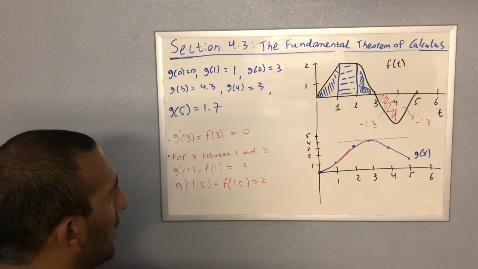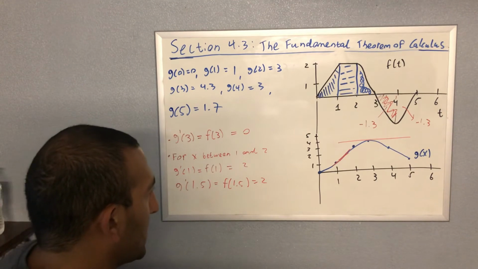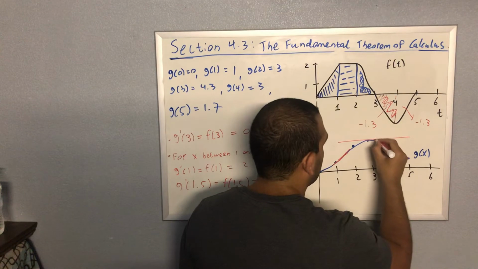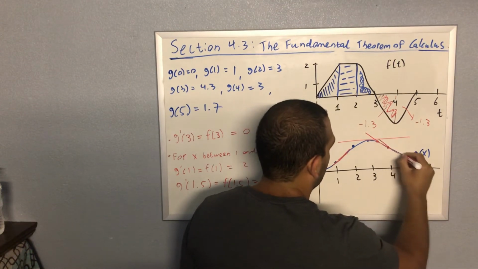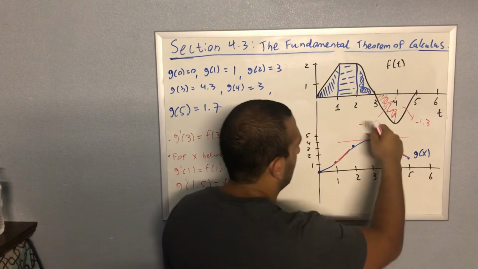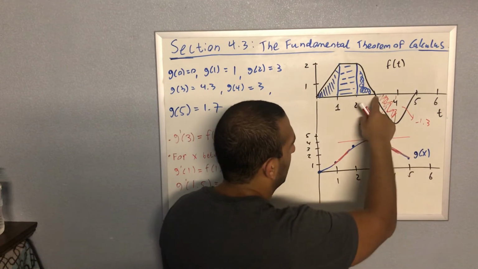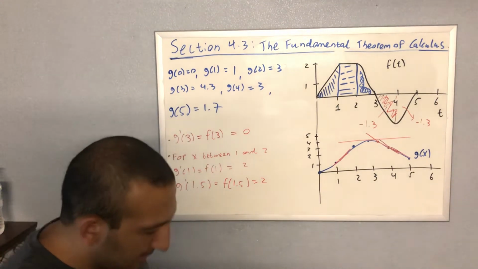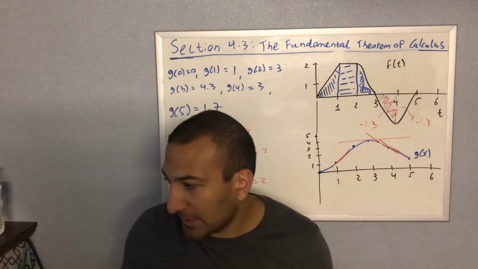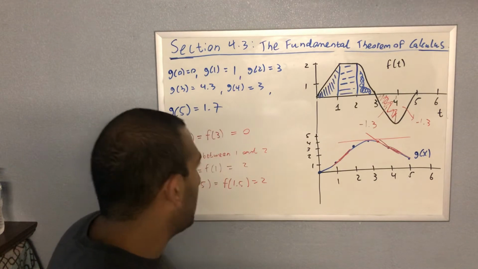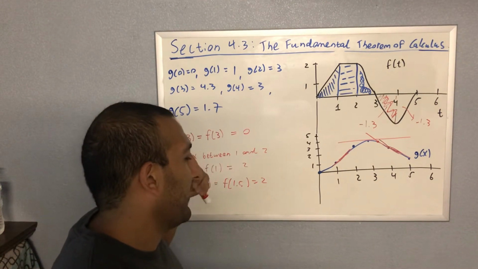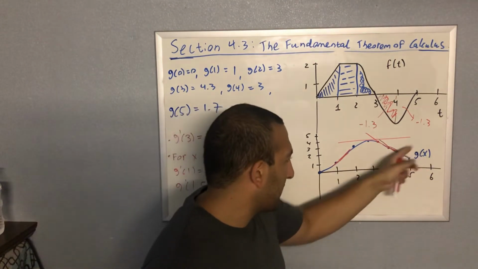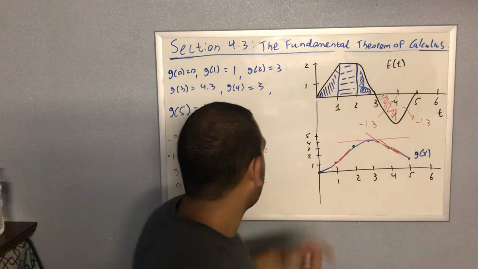Okay. And then another observation is, look, immediately after 3, what happens to the slopes of the tangent line? They all take on negative values. So these slopes are negative, and look, the output of the function becomes negative. And this is not a coincidence. None of this is a coincidence. So it would not be too surprising to think that the derivative of this function is actually just f.